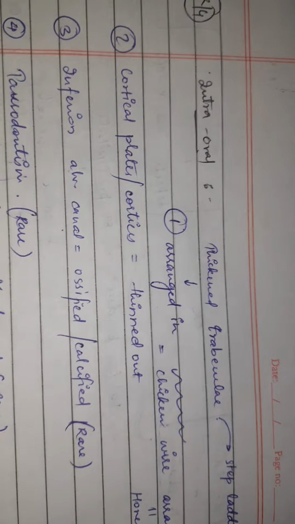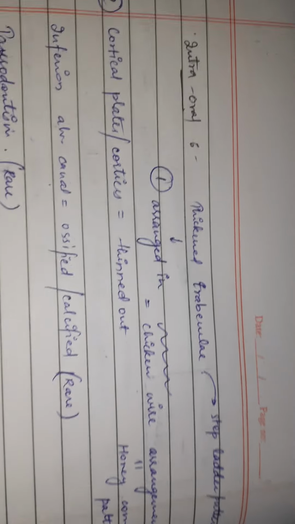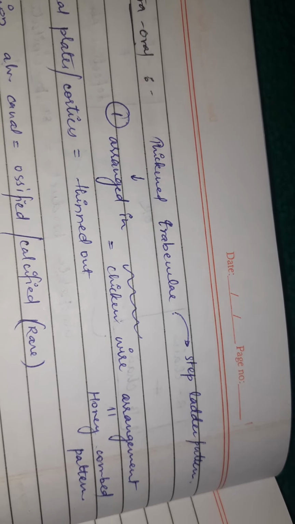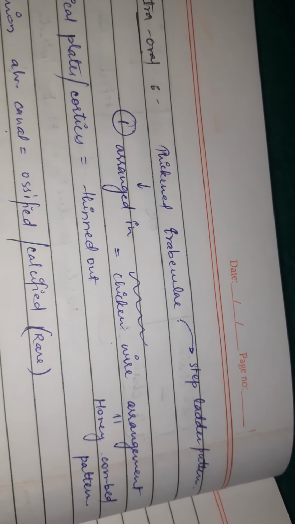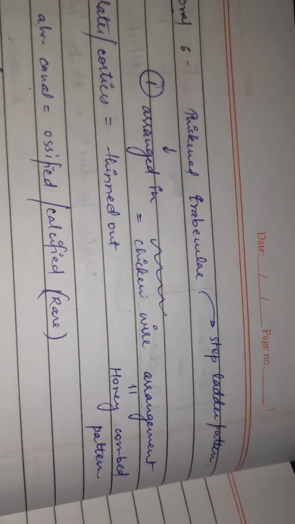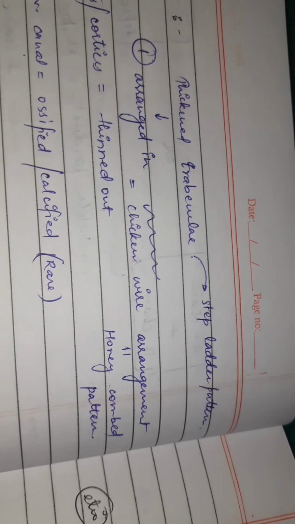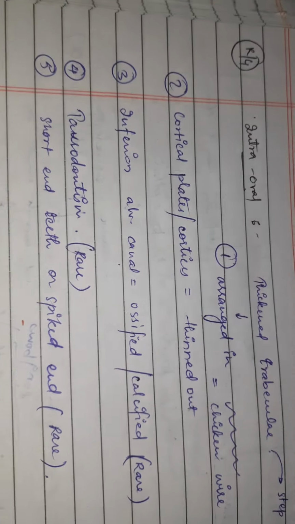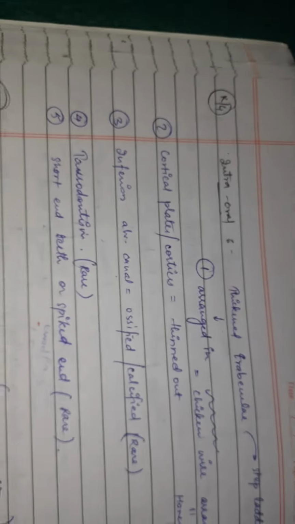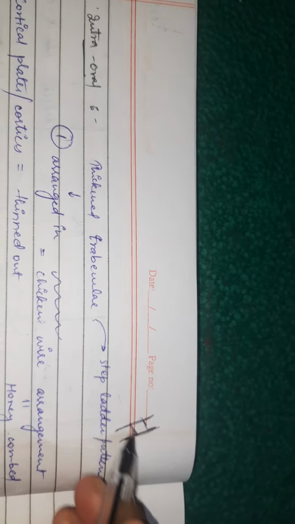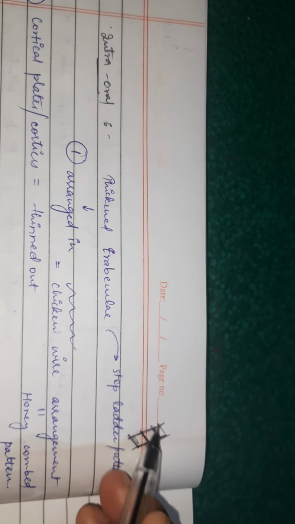Now intraoral radiographic findings: thickened trabeculae will show a step ladder pattern, arranged in a chicken wire or honeycomb pattern.